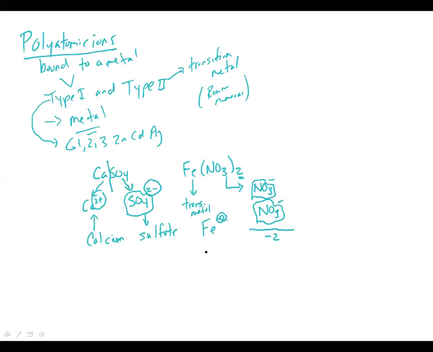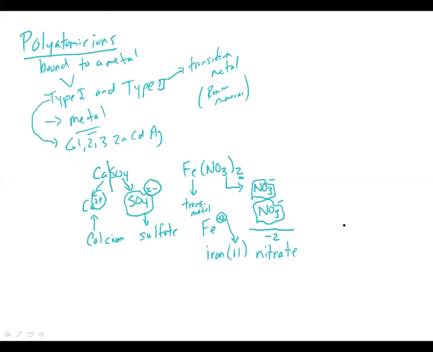To name this, we would do iron Roman numeral 2, for the charge. And even though there are 2 of them, we still name it like normal. We just use the polyatomic ion name, which is nitrate. So this would be iron Roman numeral 2 nitrate. Any questions on that?